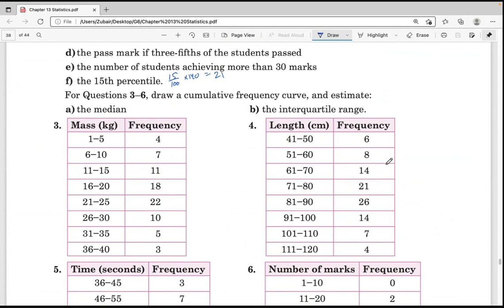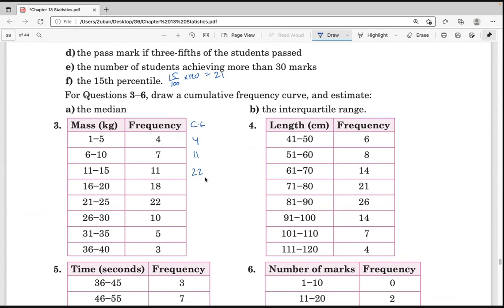For questions 3 to 6, draw the cumulative frequency curve and estimate the median. So cumulative frequency, first one is 4. Then we have 4 plus 7 is 11. Then we add the next one, plus 11 is 22.